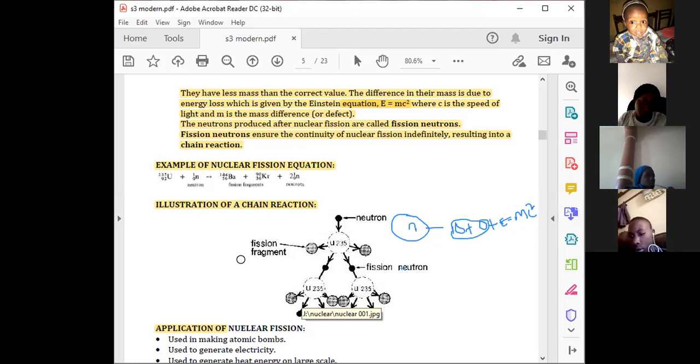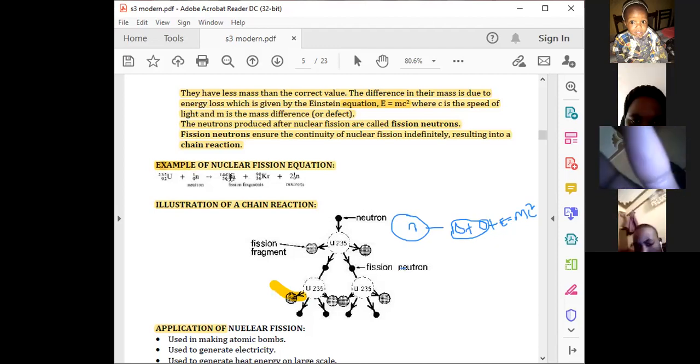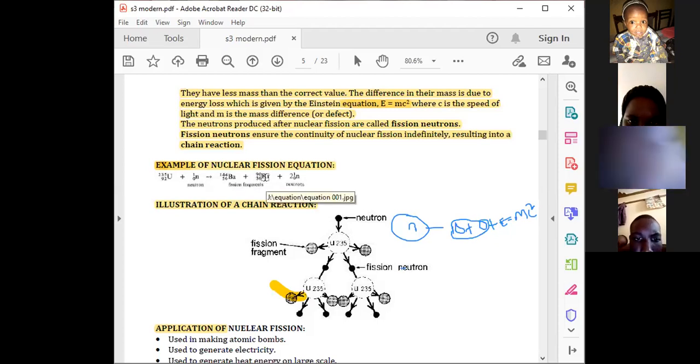Like look at this equation above. I don't know if it is so clear to you. This is uranium 235, 92, bombarded with a neutron. The first daughter is barium, the second daughter is krypton. So these are the fragments I was talking about.